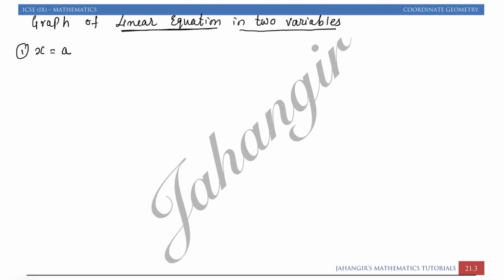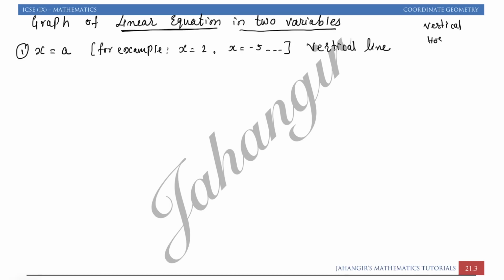For example, if I have an equation such that it is x equal to 2, x equal to minus 5, and so on, whenever you are getting only x, it is always a vertical line. Lines are of three types: either vertical, horizontal, or slant.